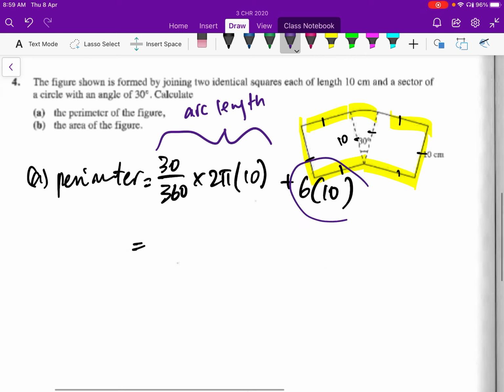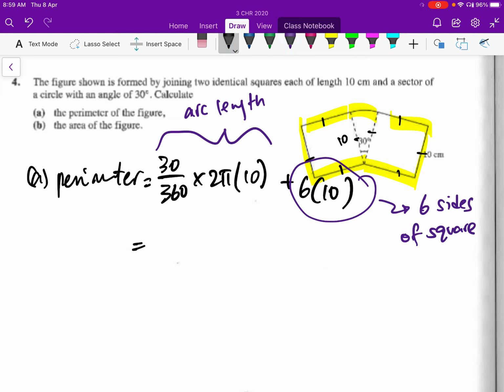Then this is for the 6 sides of the squares. 65.236, okay.